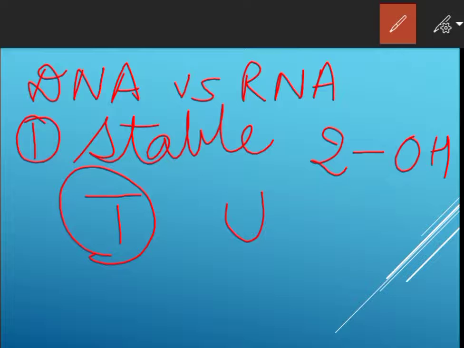This proves that both DNA and RNA act as genetic material, but DNA being more stable is preferred for the storage of genetic information. RNA is better for the transmission of genetic information. Okay, so with this we can say that DNA is more stable and it stores the genetic information, whereas RNA helps in transmission of genetic information. I hope this is clear to everyone.